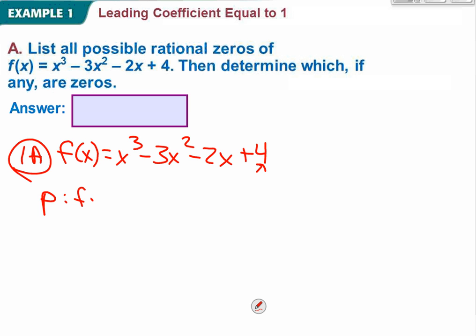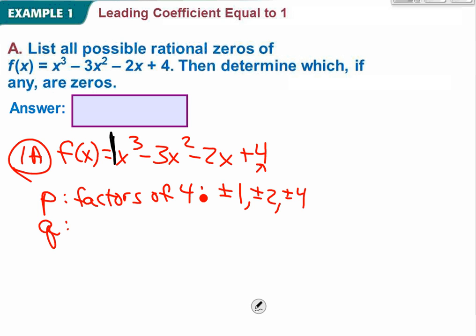So the way we'll always write them is plus or minus 1, just with that plus or minus in front because we get both, plus or minus 2, and plus or minus 4. And then q, in this case, is the factors of the leading coefficient, so it's the factors of 1, which is just plus or minus 1.